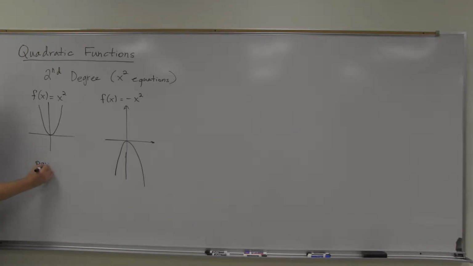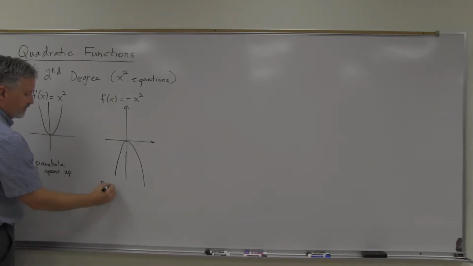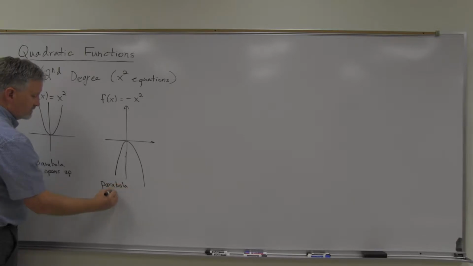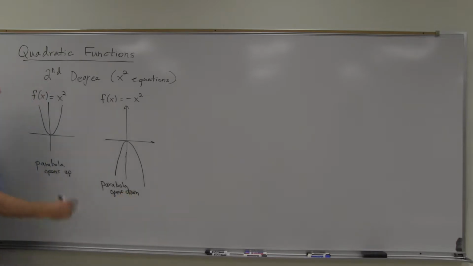So this would be a parabola that opens up, and this will be the parabola that opens down. We already know a little bit about why the two are different. What's different about these two equations, if you will? What makes this one open up? What makes this one open down, you think? A negative. Yeah, it's the presence of that negative in front of the x squared.